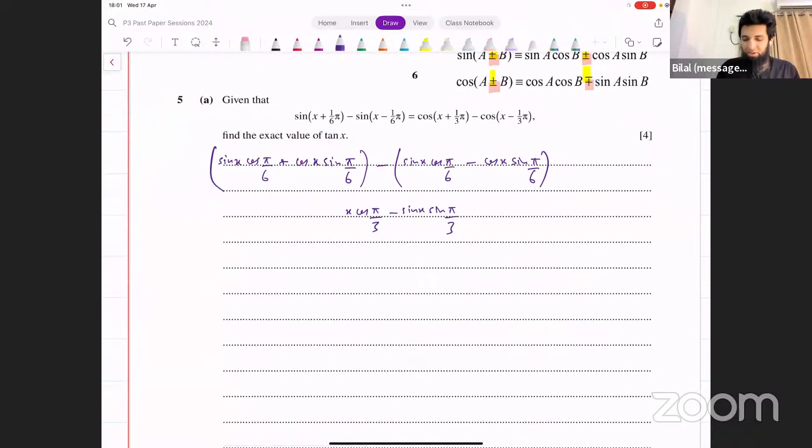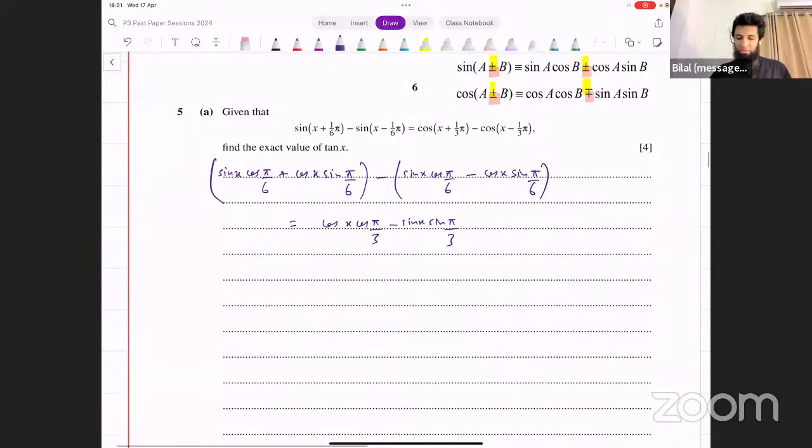In that case, you just continue with it in the next line like this, and that's okay. So this is cos x cos pi over 3 minus sine x sine pi over 3 for the first one. Subtract from this cos of x into cos of pi over 3 plus sine of x into sine of pi over 3.